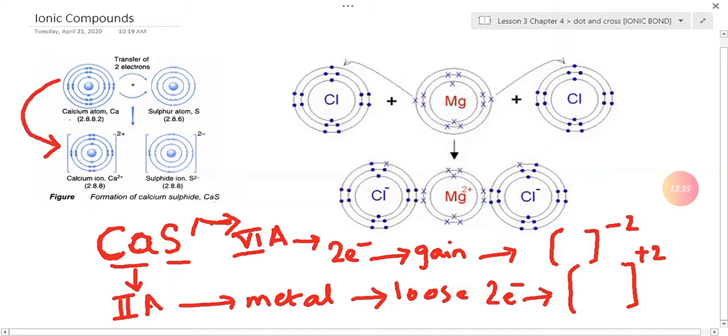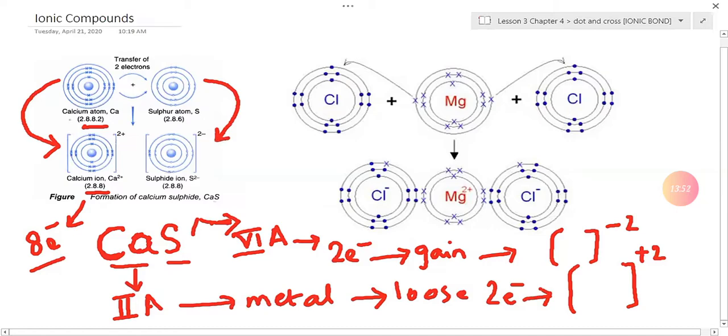Let's see the illustration now. Calcium changes to, look at the electronic configuration of calcium atom, 2,8,8,2, and look at the electronic configuration of the ion, 2,8,8, completed 8 electrons after losing.